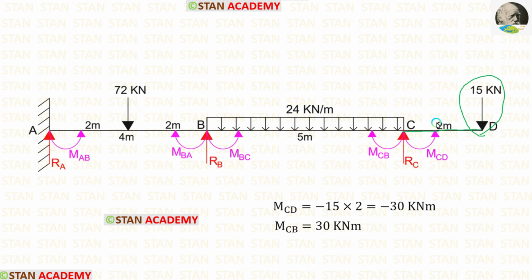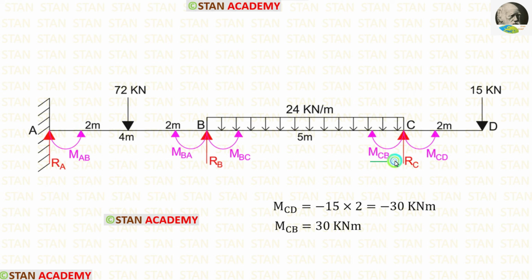The distance of overhanging is 2 meter. When we multiply the load 15 with the distance 2, we will get MCD, which is equal to minus 30 kN meter. Since MCD is acting in the anticlockwise direction, we have to apply the load with the negative sign. So we have got a negative moment.